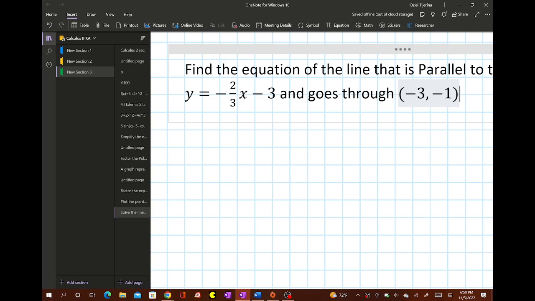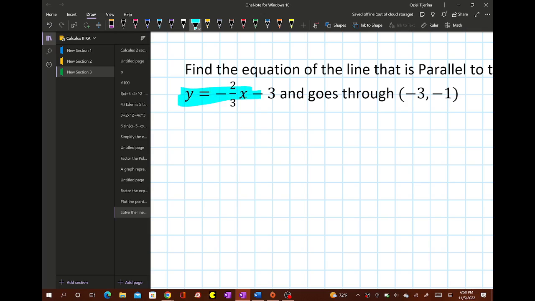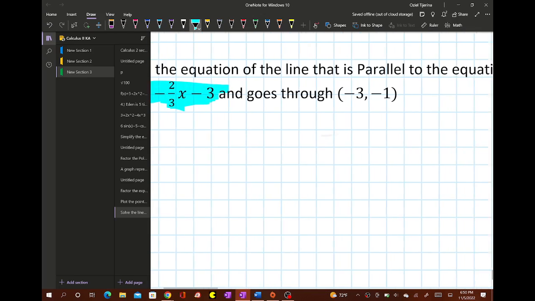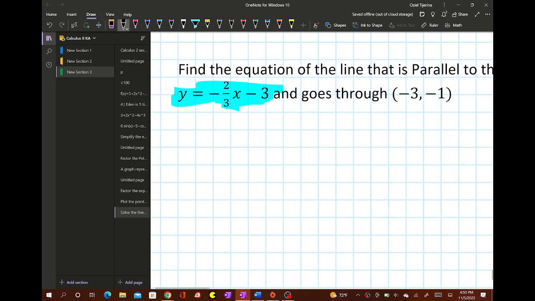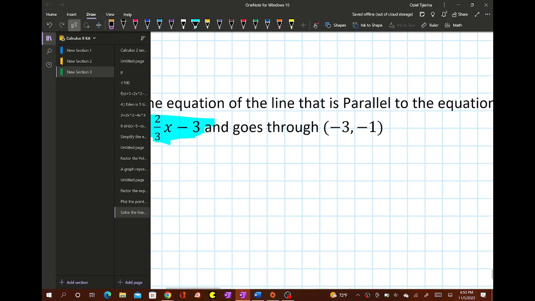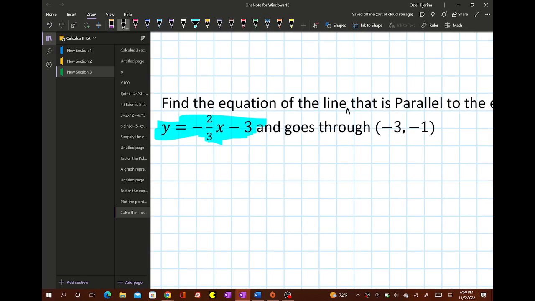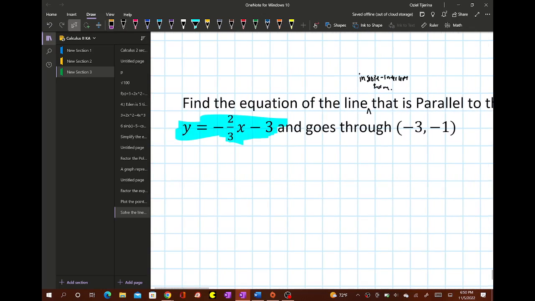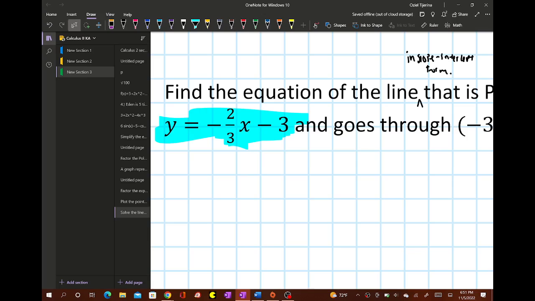Okay, so here in this equation, this is in slope-intercept form, right? And again, I'm going to write it in slope-intercept form, so I forgot to add that. So our slope is negative 2/3, right?